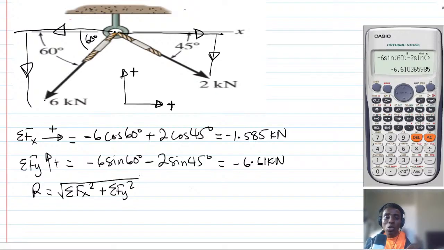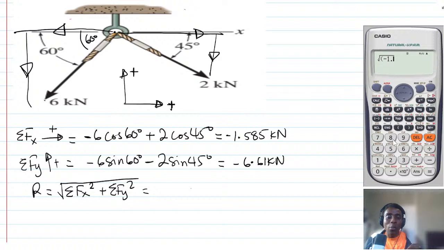So find the resultant, and you see that you get the same results. So minus 1.585 squared plus minus 6.61 squared. So you see that we got the same results.